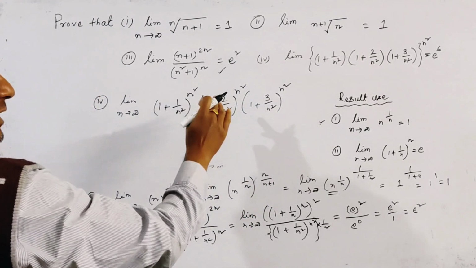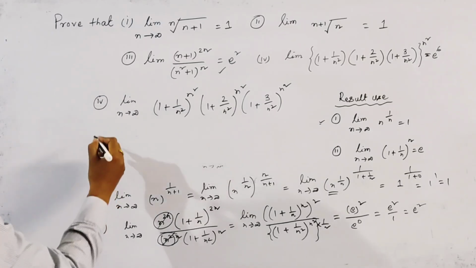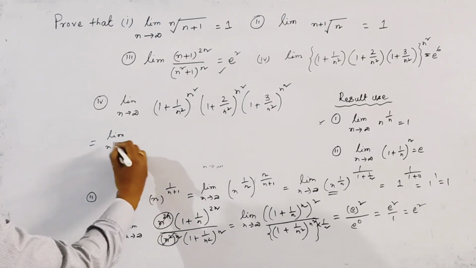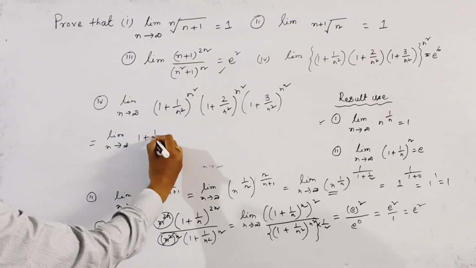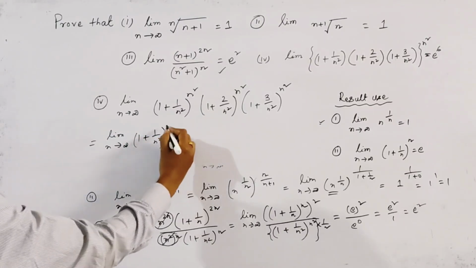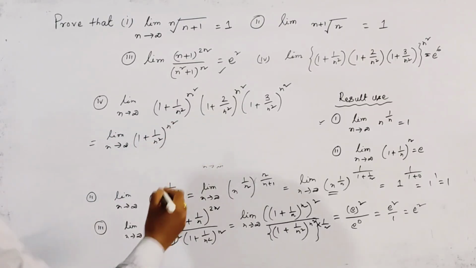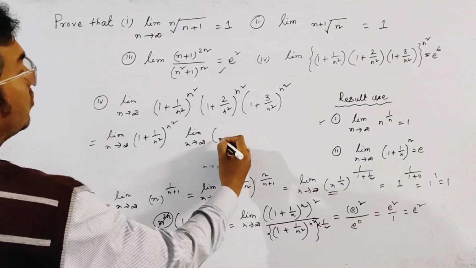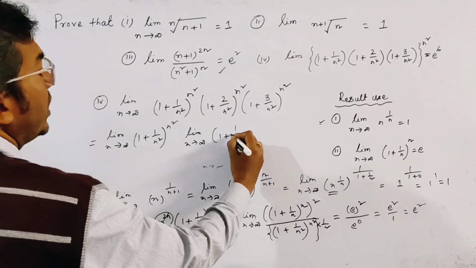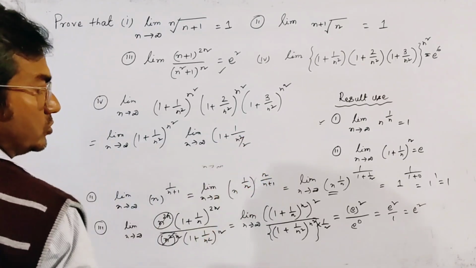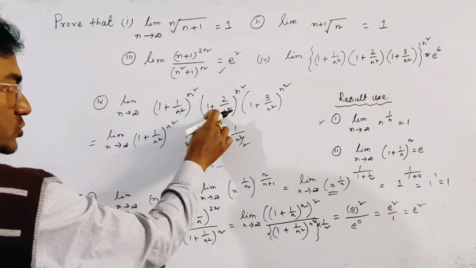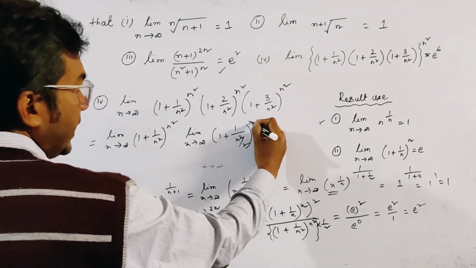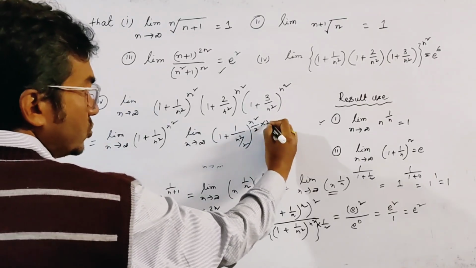We write it into 3 portions and take the limits separately. The first limit is 1 plus 1 by n square to the power n square. The second limit is 1 plus 2 by n square, which we write as 1 plus 1 by n square by 2, to the power n square by 2 into 2.